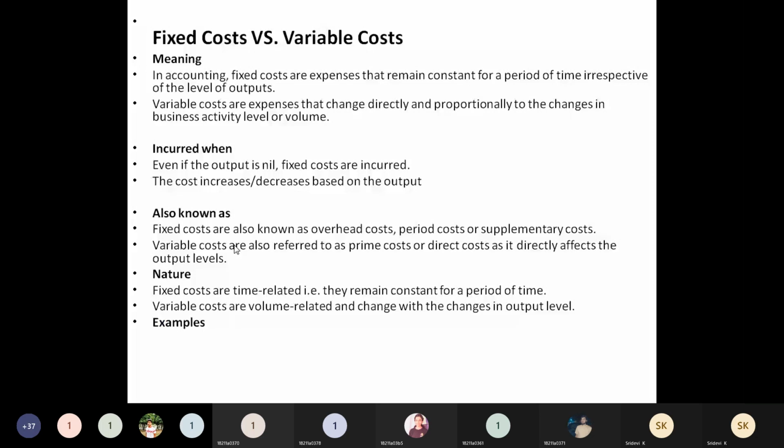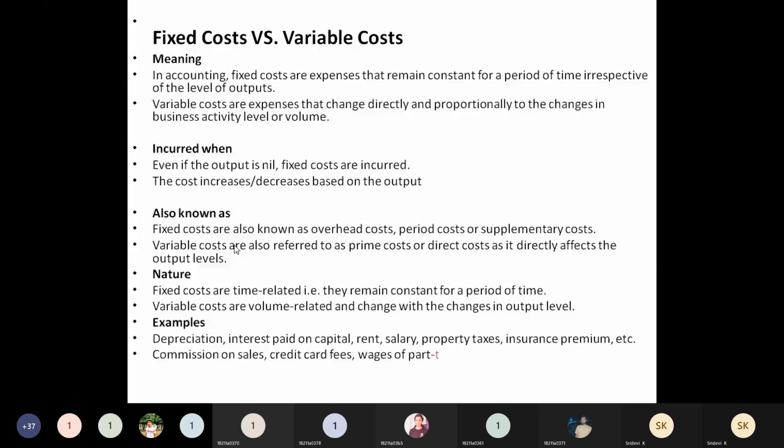Examples of fixed costs I gave you: depreciation, interest paid on capital, rent, salary, property taxes, insurance premiums. All these are fixed during a particular period. And coming to the variable cost examples: commission on sales, credit card fees, wages of part-time staff, all this comes under the examples of variable costs.